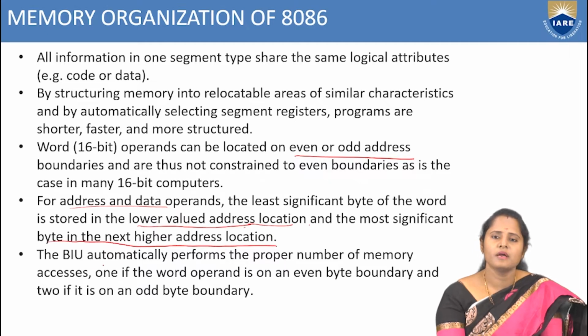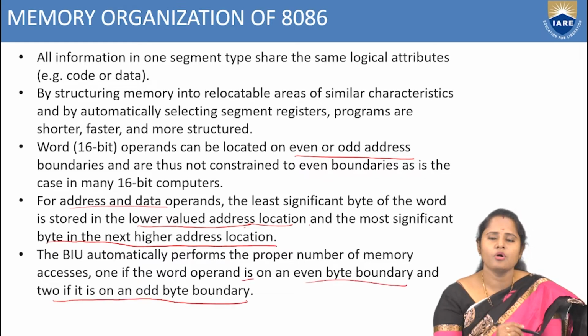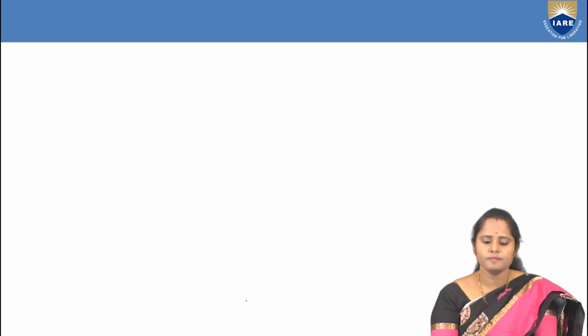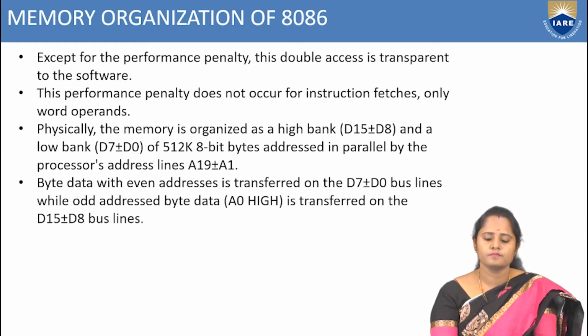So the bus interface unit automatically performs the proper number of memory accesses: one for a word operand at an even byte boundary, and two if it is at an odd byte boundary.